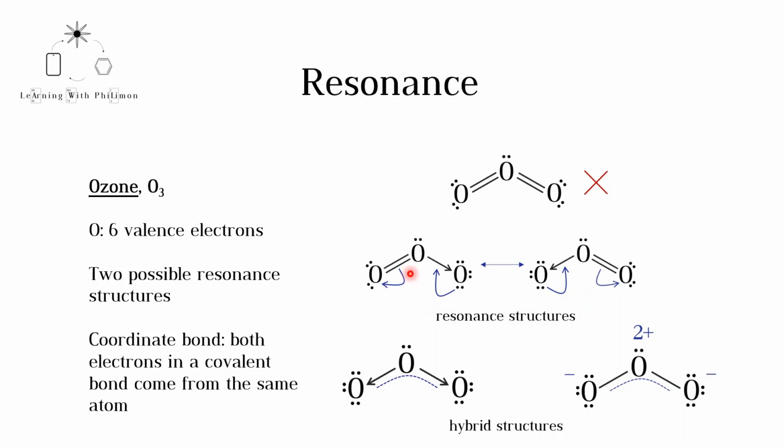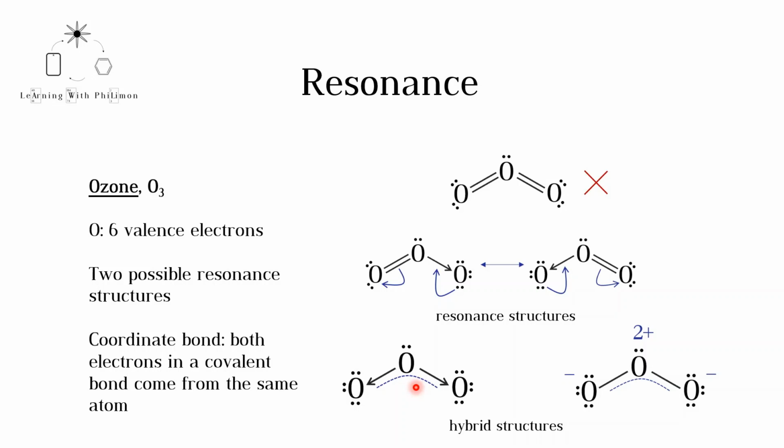These electrons in the double bond can be thought of as delocalized, as they are not restricted between these two oxygen atoms. These two structures are called resonance structures, as they are both possible Lewis diagrams for the ozone molecule. A hybrid structure shows a combination of both Lewis diagrams, where the dotted line shows where the delocalized electrons could be.